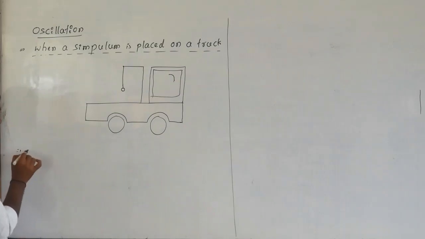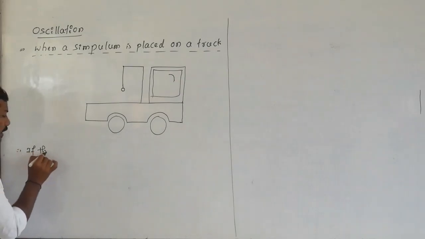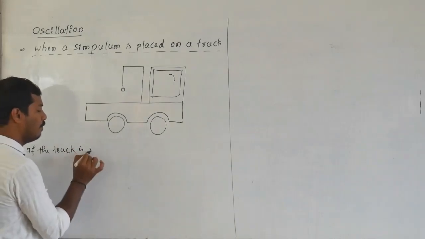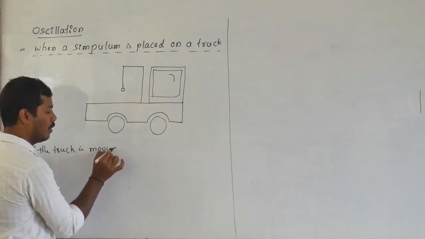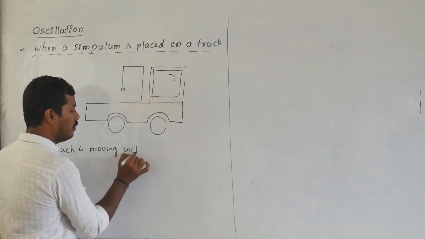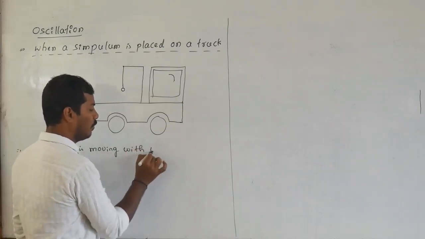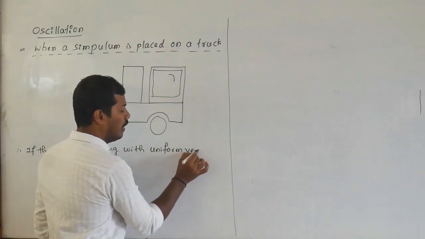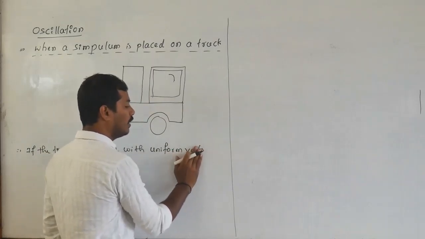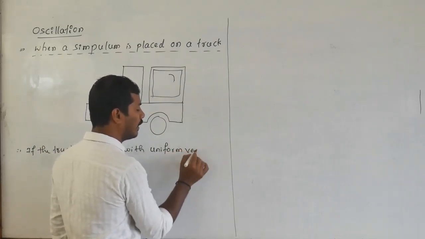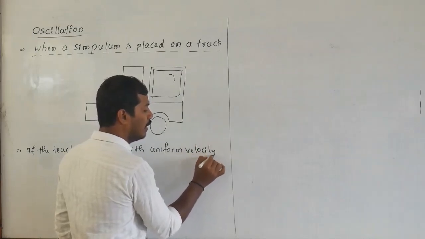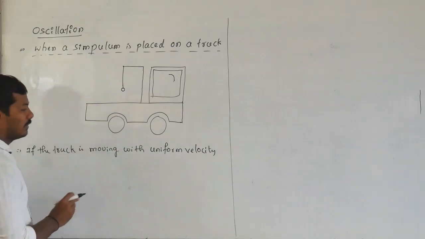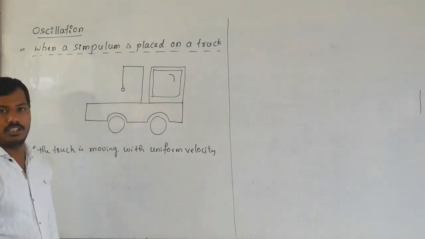If the truck is moving with uniform velocity, what about the acceleration? The acceleration is 0. With uniform velocity, the acceleration becomes 0 here.